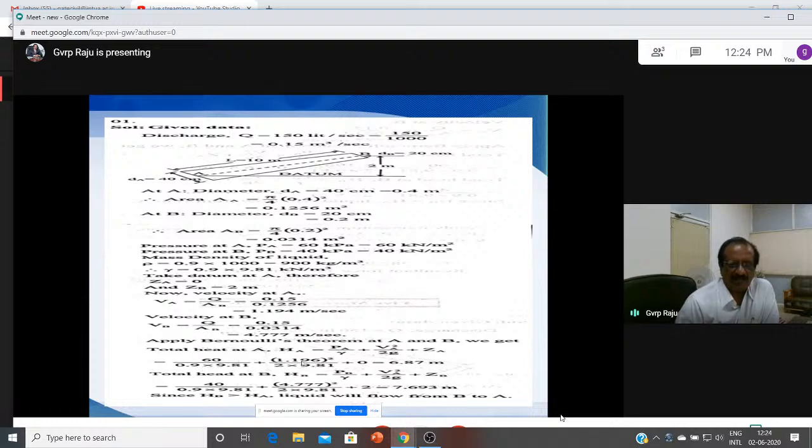This is the velocity here, 0.196 is the velocity, by 2g, and ZA is 0 here. We got 6.87. Find out the head at B, that is PB by gamma plus VB square by 2g plus ZB. The pressure at B is 40 kilopascals by gamma, and velocity VB square by 2g, and the datum is 2 meters here, and this is equal to 7.693.